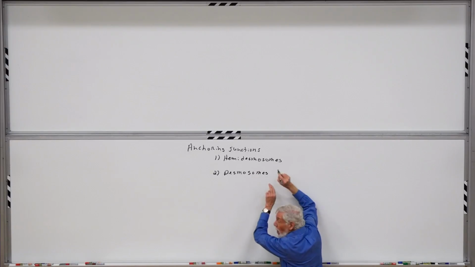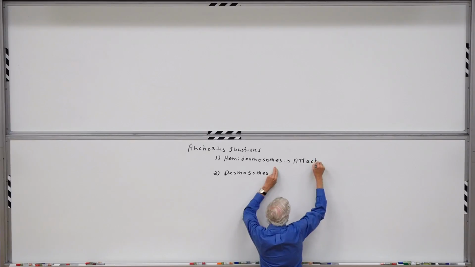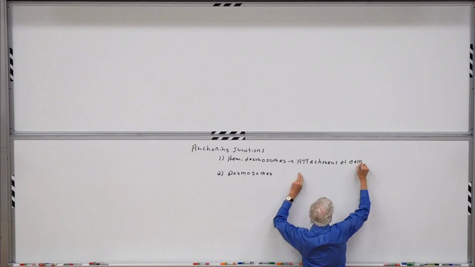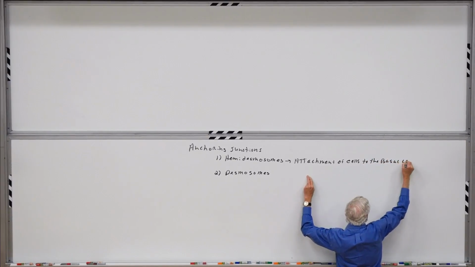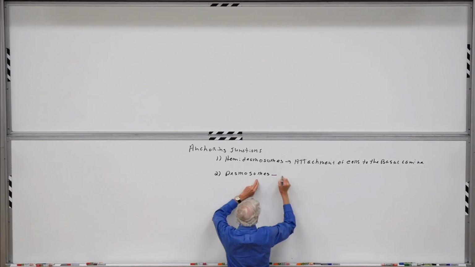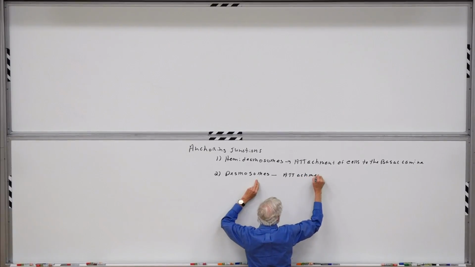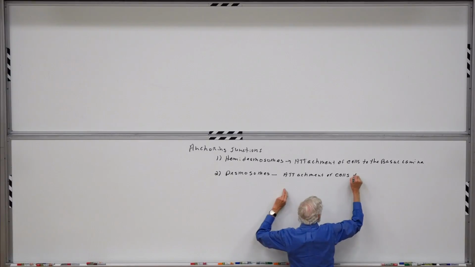When you see the term hemidesmosome, think attachment of cells to the basal lamina. When you see the term desmosome, think attachment of cells to one another.